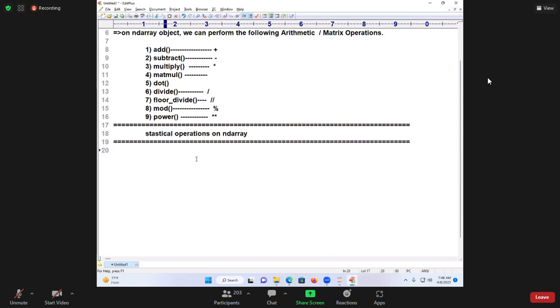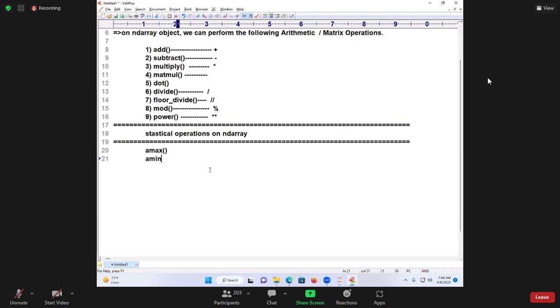Certain functions are there, and I will write them one by one. A max. What is that A max? What does A stand for? Array. In ND array, wherever A is coming, that is related to array only. NumPy belongs to array operations. Next is A min. I will explain.